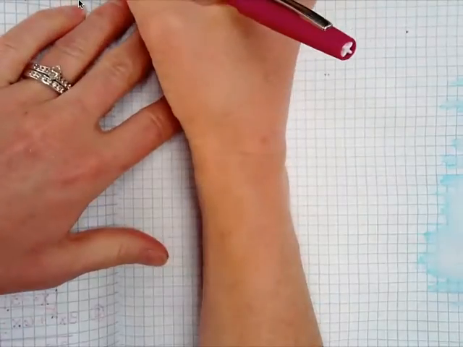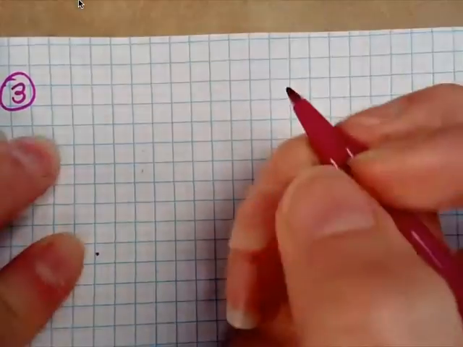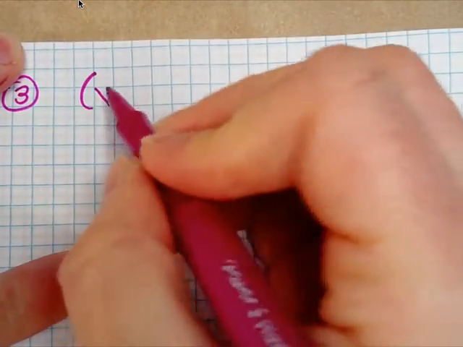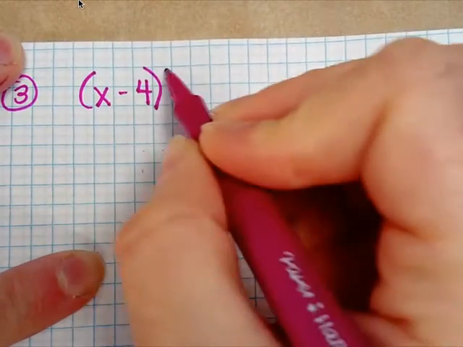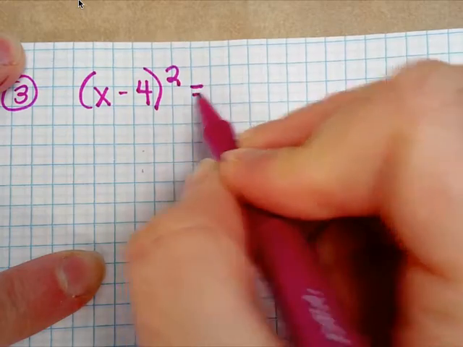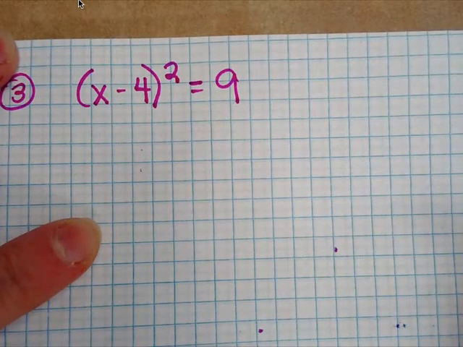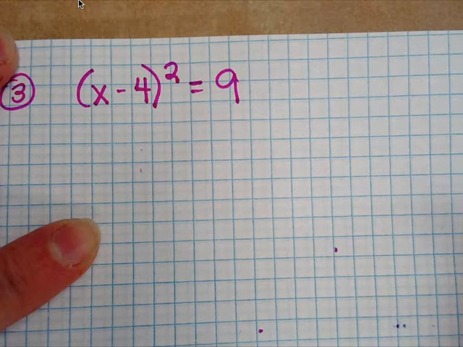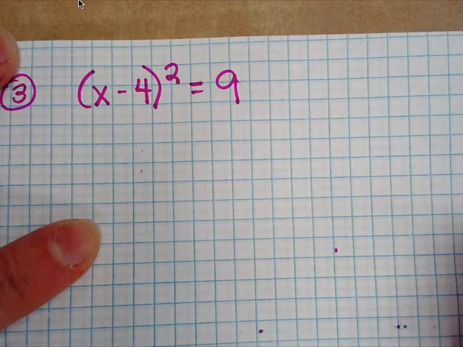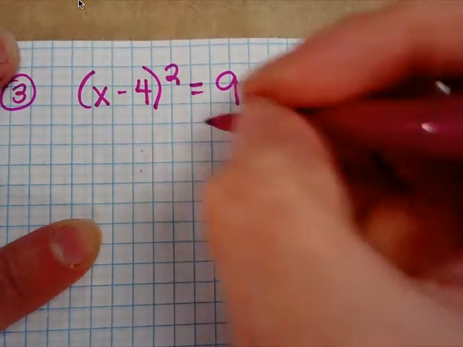All right, so let's do number 3. Parentheses x minus 4, close parentheses, and then squared equals 9.